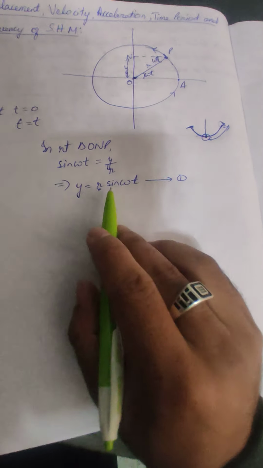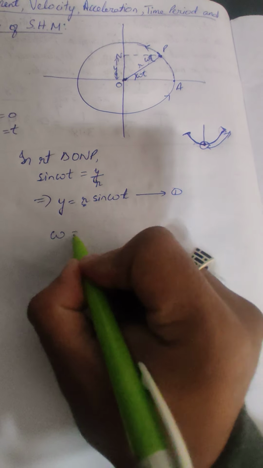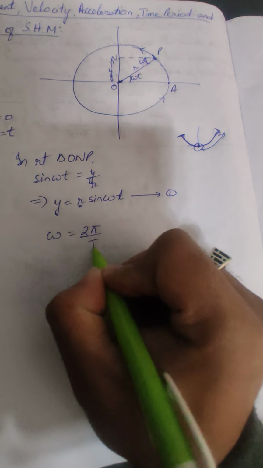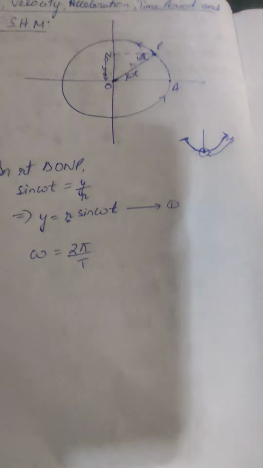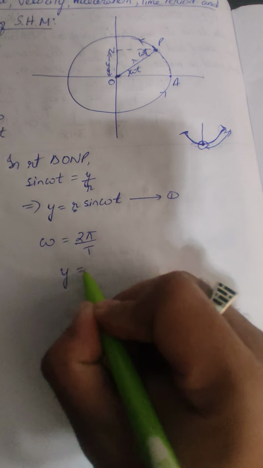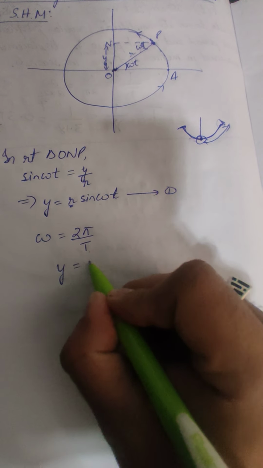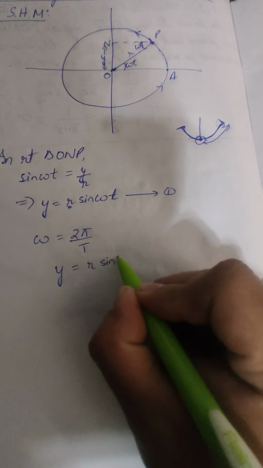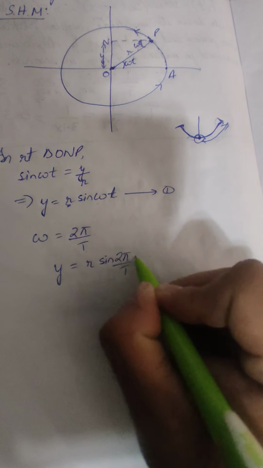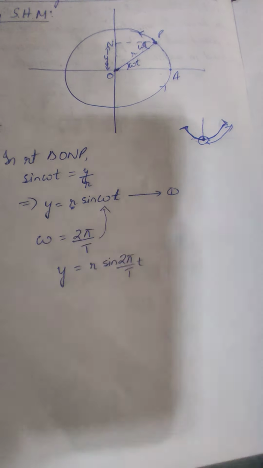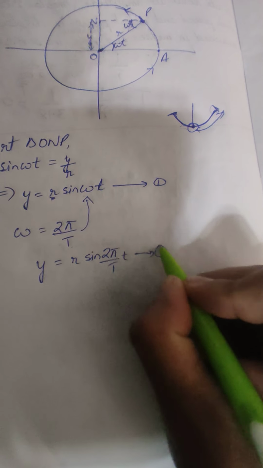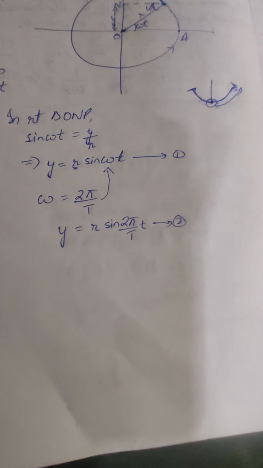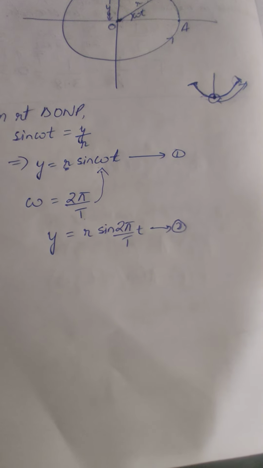Now since omega is equal to 2 pi by T, if we put this in equation 1, we will have y equal to r sine 2 pi by T into t, substituting the value of omega in equation 1. Let's give this equation number 2. Equations 1 and 2 give the displacement.